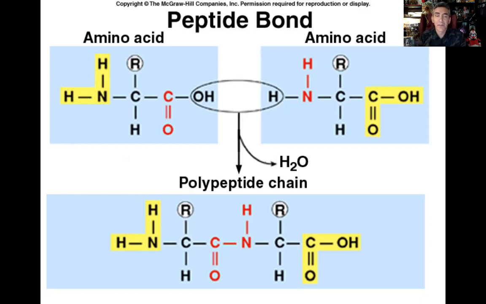Biologists call it a covalent bond because that's what it is. But chemists like to get real specific, and they call these peptide bonds. A covalent bond between two amino acids. So it's the basis of a protein. So again, once we connect two amino acids together, we don't call them two amino acids, we call that now a protein. This is the basis of building a protein.